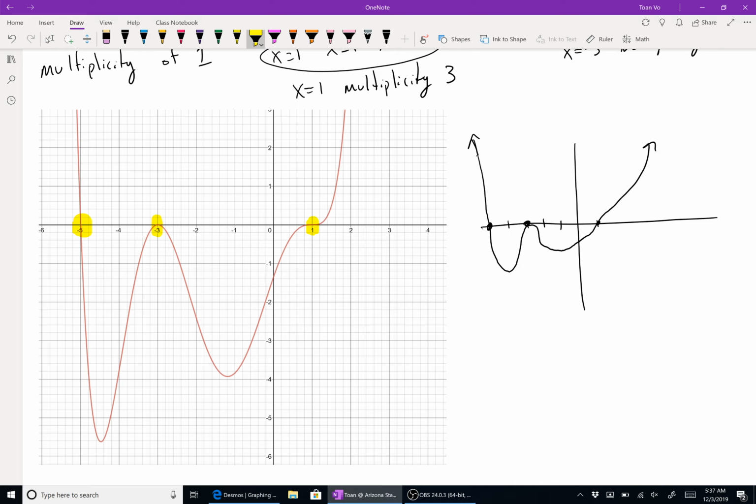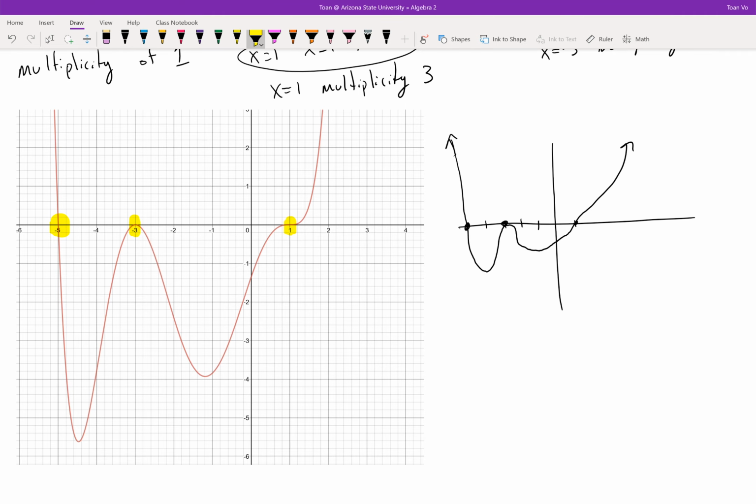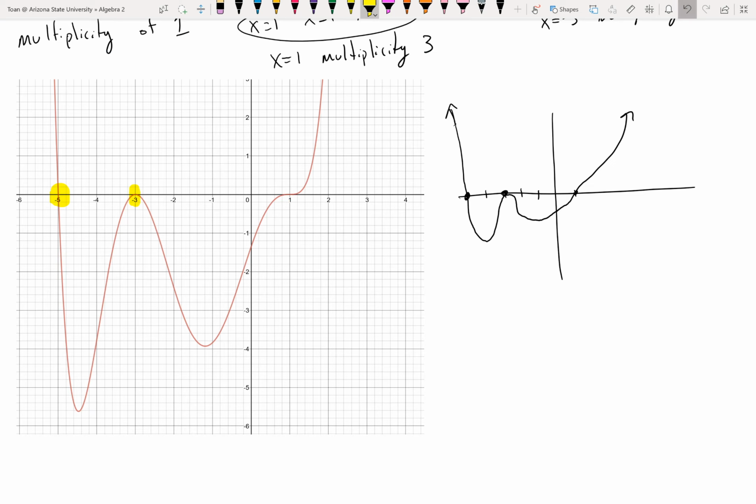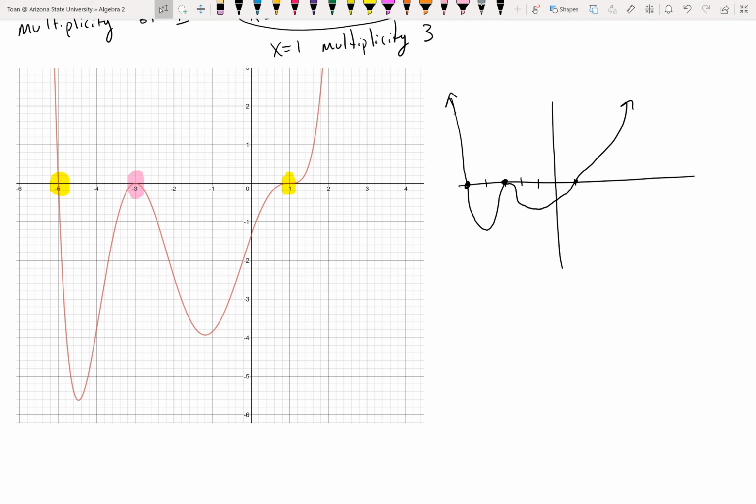So we have two behaviors, or two things that can happen at an x-intercept. And I'm going to highlight them in different colors here. It looks like at x-intercepts, the graph can just cut through the x-axis, highlighted in yellow here. But notice at x equals -3, highlighted in pink there, it sort of touches and then gets bounced off.